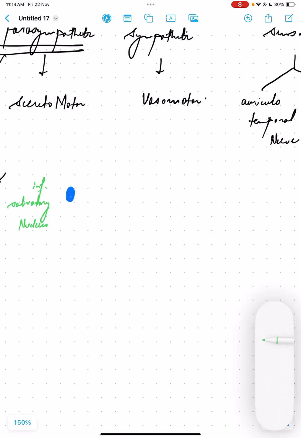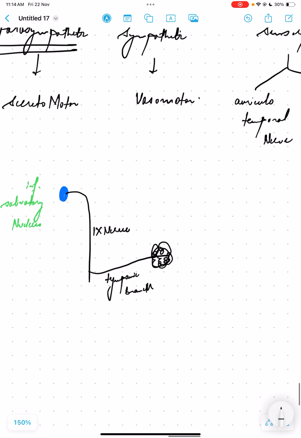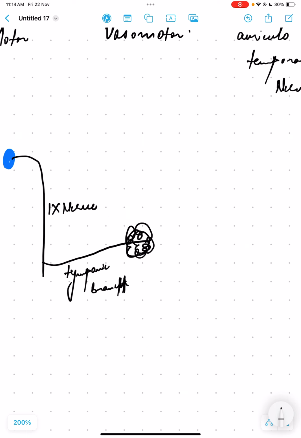From here it begins along with the 9th nerve, the glossopharyngeal nerve. Then it involves the tympanic branch, which forms a plexus, so it is called the tympanic plexus.